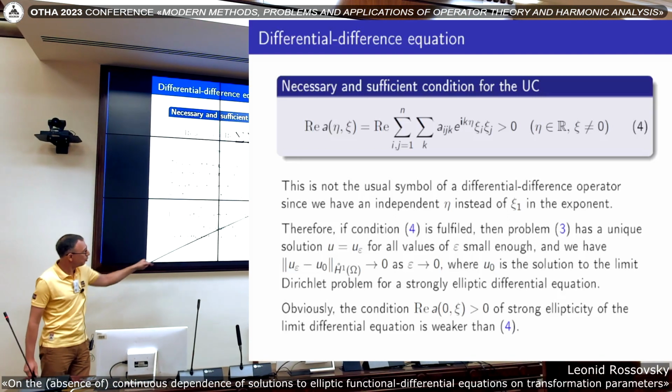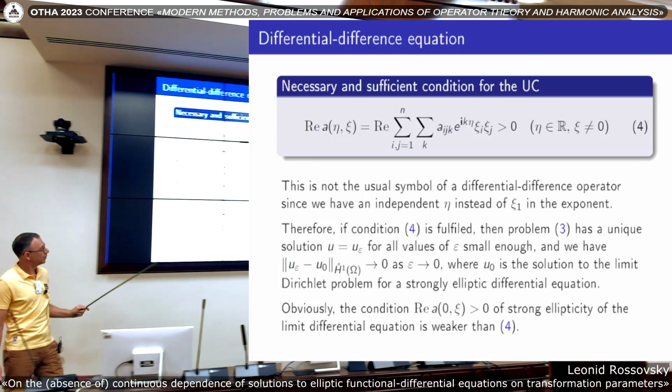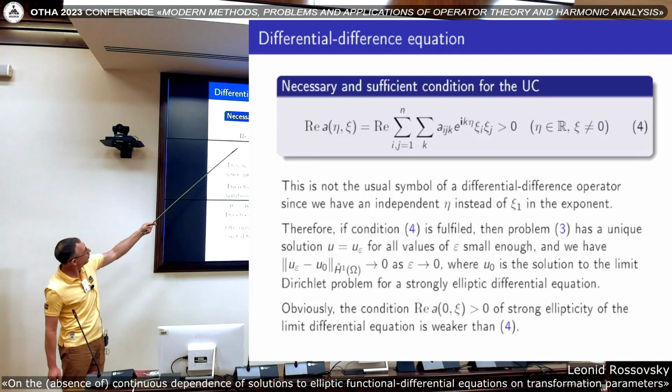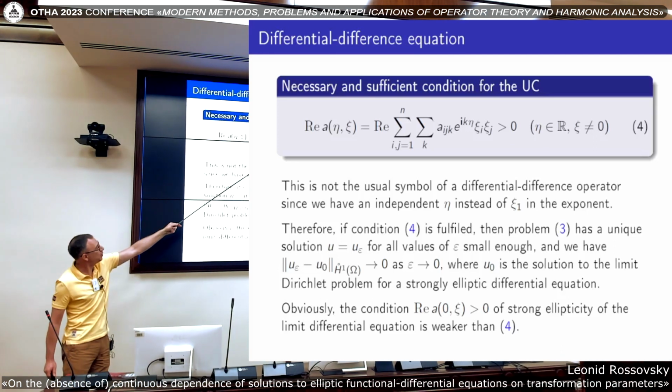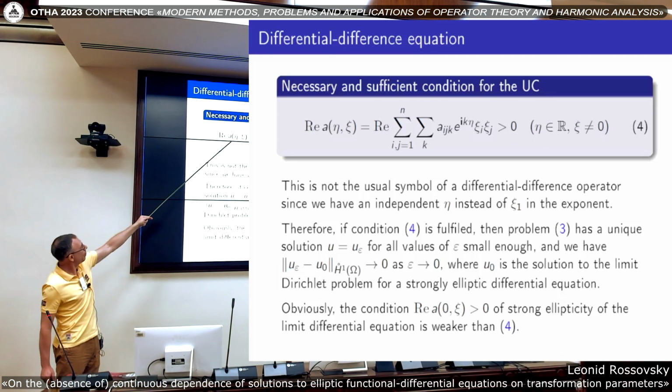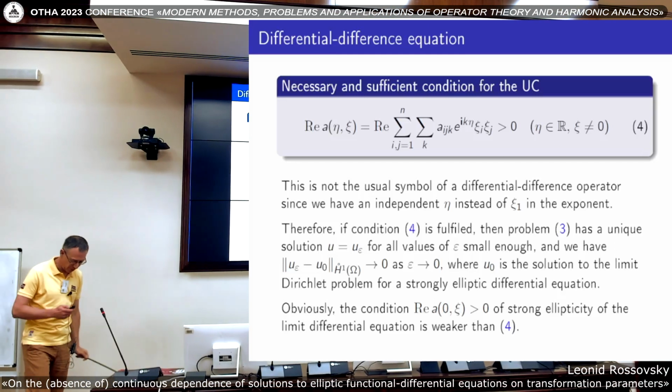And it is obviously weaker than 4. So here we require that the real part of A is positive for all real eta, and here only for eta equal to 1. So much weaker.